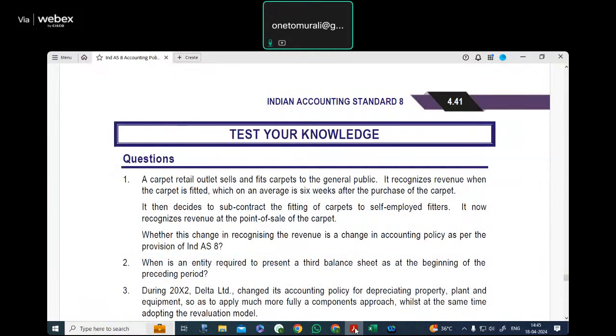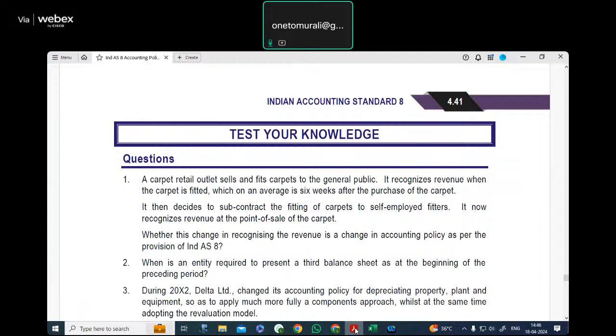Now let us look into what exactly the question was. A retail outlet sells and fits carpet to the general public. So a carpet dealer sells and fits the carpet to the general public. It recognizes revenue when the carpet is fitted, which on an average is 6 weeks after the purchase of the carpet.